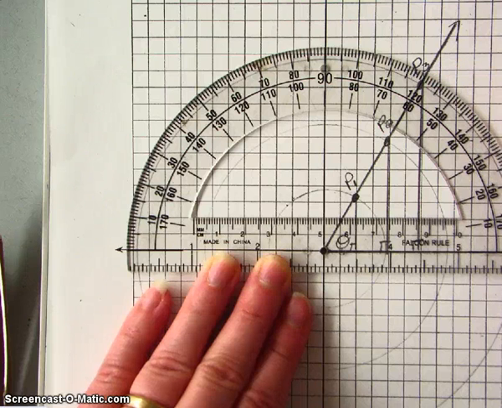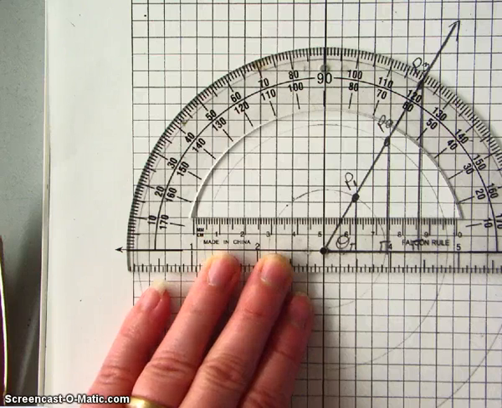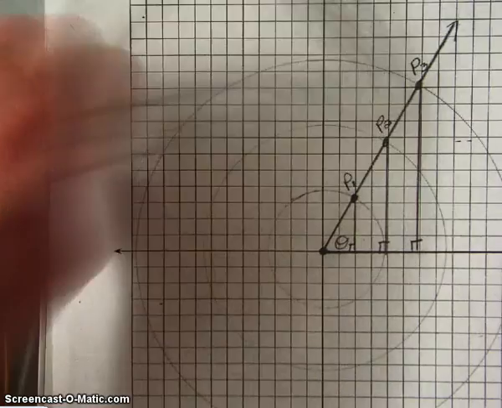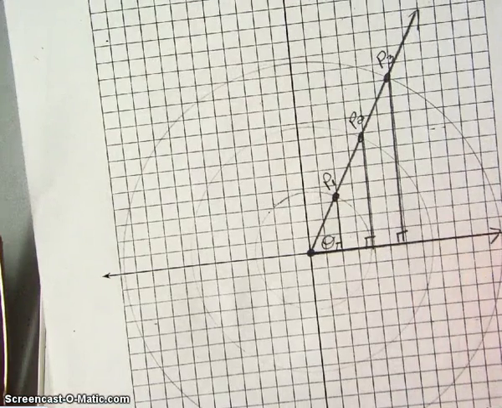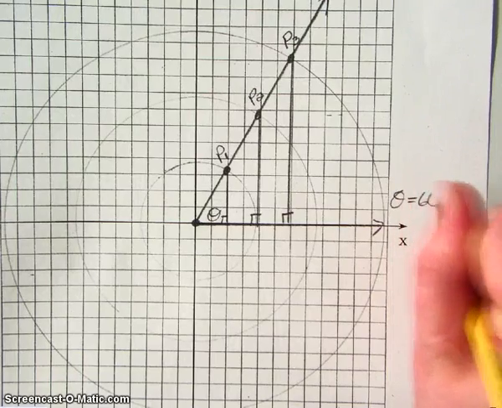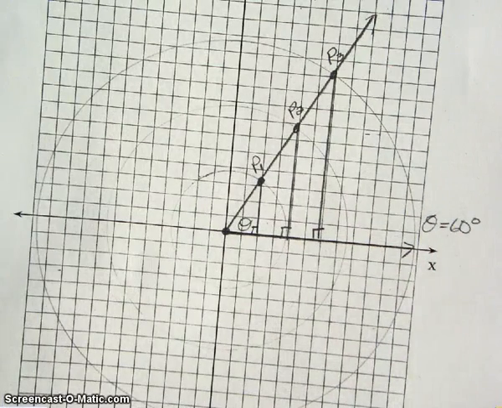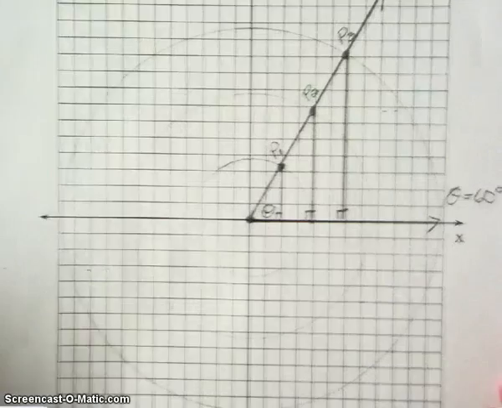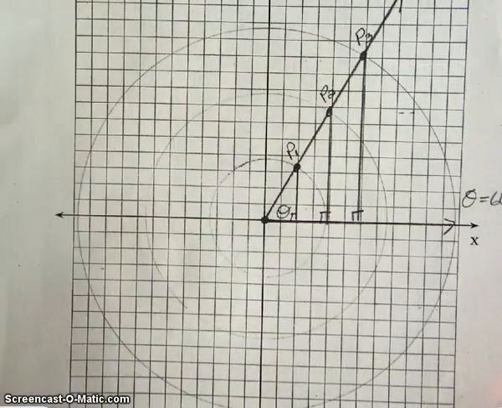Now, I lucked out quite a bit here because this is as perfect a 60-degree angle as I can imagine, all right? So theta equals 60. I hope yours doesn't equal 60. All right, 59, 58, 72, I don't know. Okay, please don't make yours the same as mine.